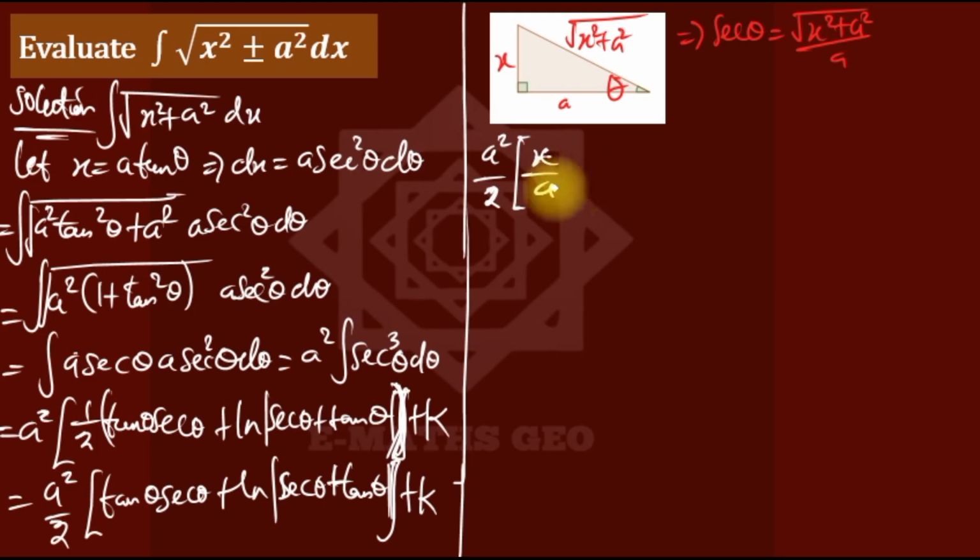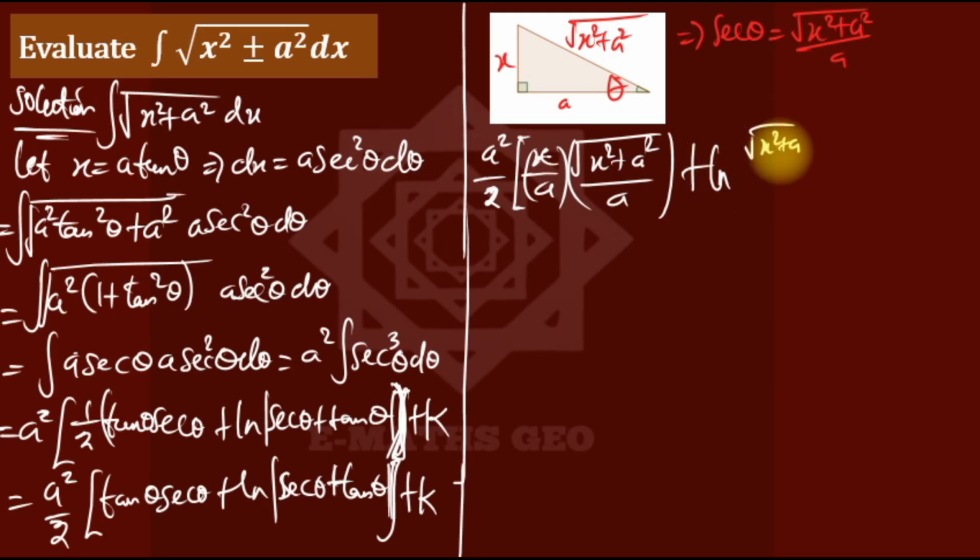Sec is the square root of x squared plus a squared over a, plus ln of sec, which is the square root of that, plus x over a, plus k. So we still go further.